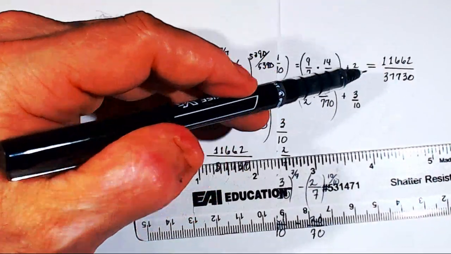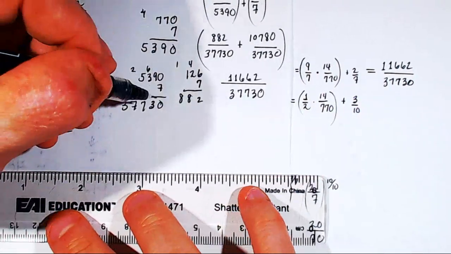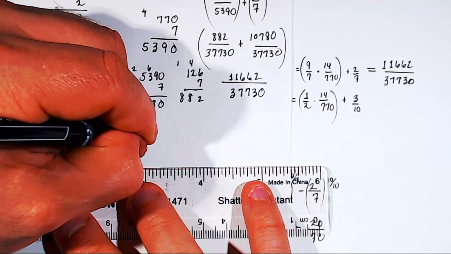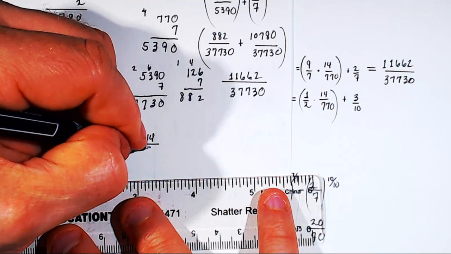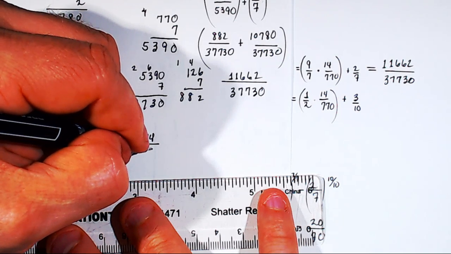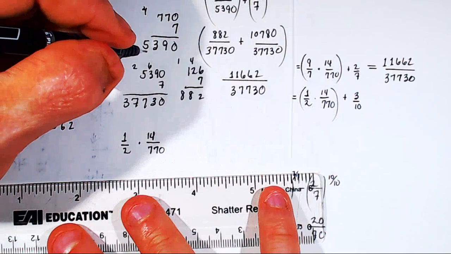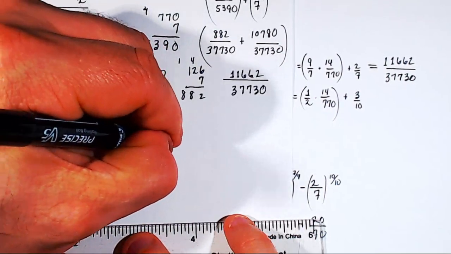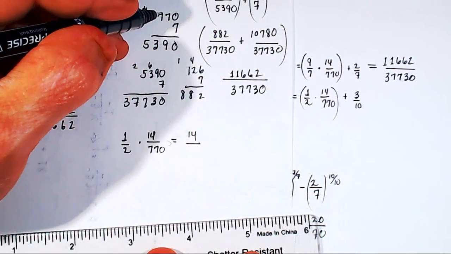Well, the question is, does that equal this? Well, let's see. So here I've got 1/2 multiplied by 14 over 770. Okay, so I have to find that these multiply out to be 14 over, and then we already did 770 times 7.